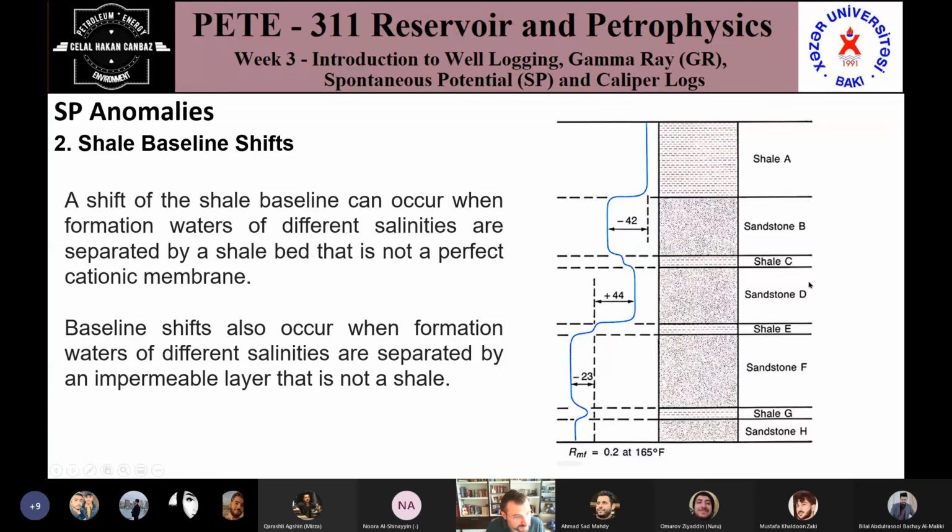Your sandstone B and sandstone D have a connection far away, so they may affect each other. So you have to clarify what's happening around your wellbore. This is very important.